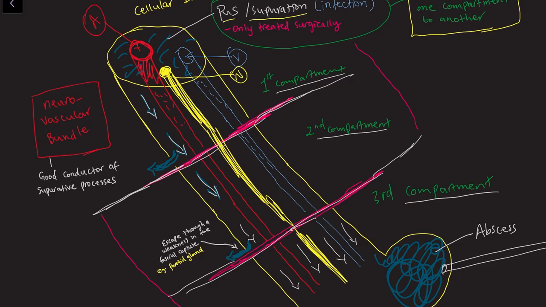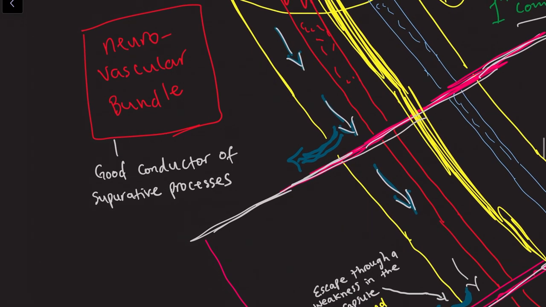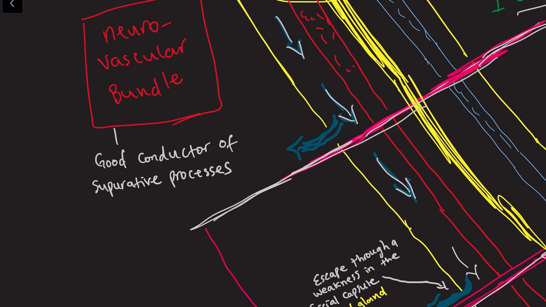Now look at this. If the cellular interstices is infected, this neurovascular bundle is almost like a pipe, and it runs across different compartments. So pus in one compartment can quickly flow up or down this pipe of neurovascular bundle, and therefore the neurovascular bundle acts as a good conductor of the suppurative process.